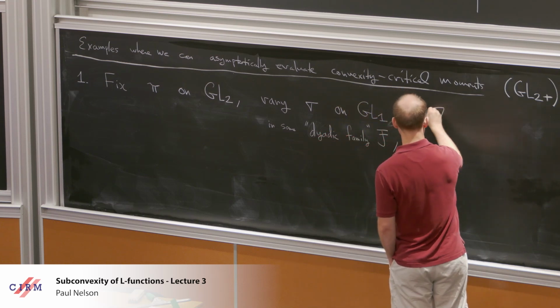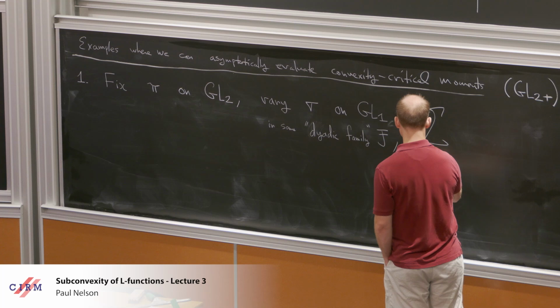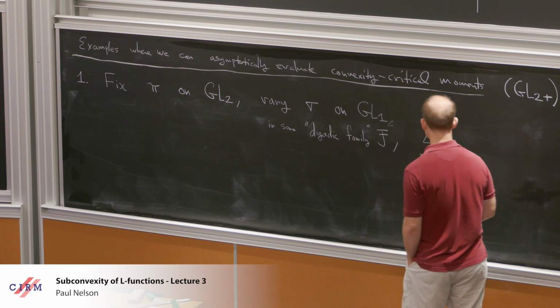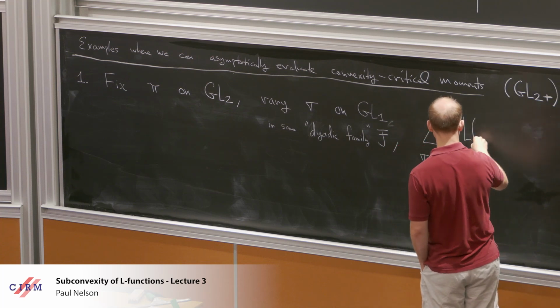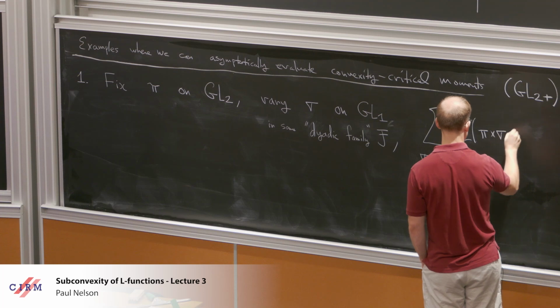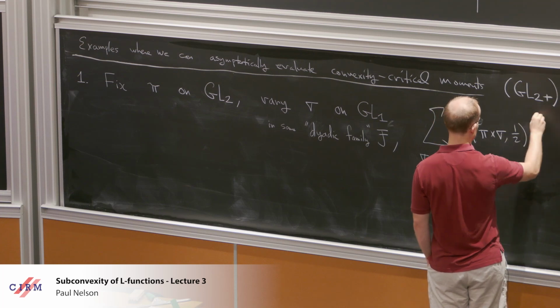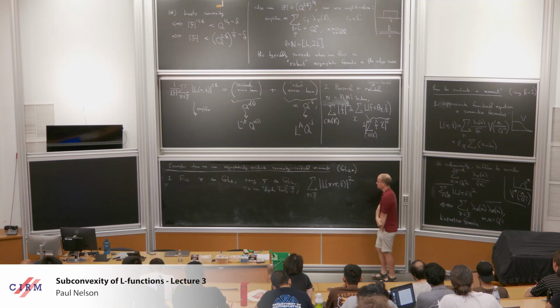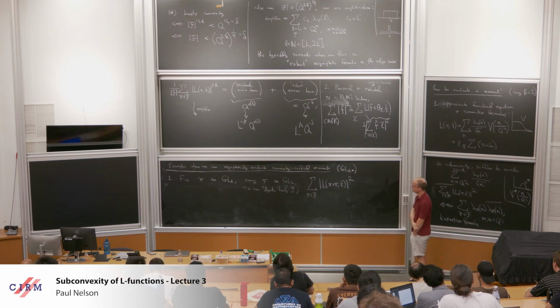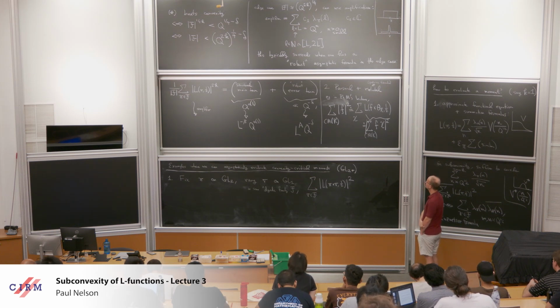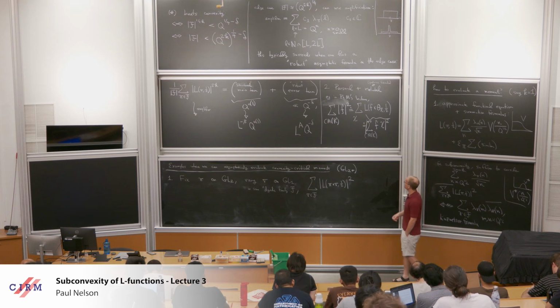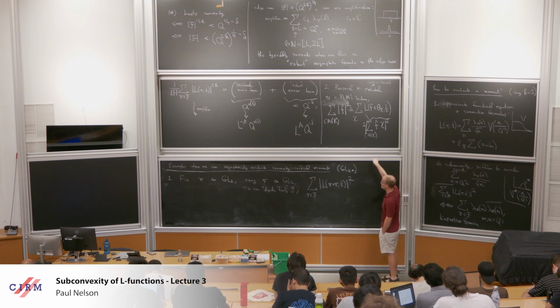And then we look at the sum over sigma and f of this thing squared. Okay, so if you'd like, the example Philippe described here is kind of roughly of this nature.